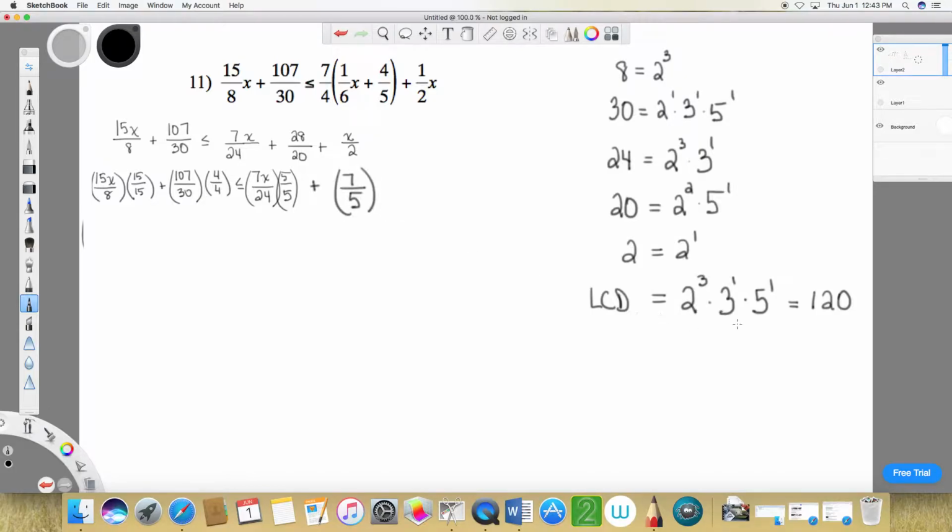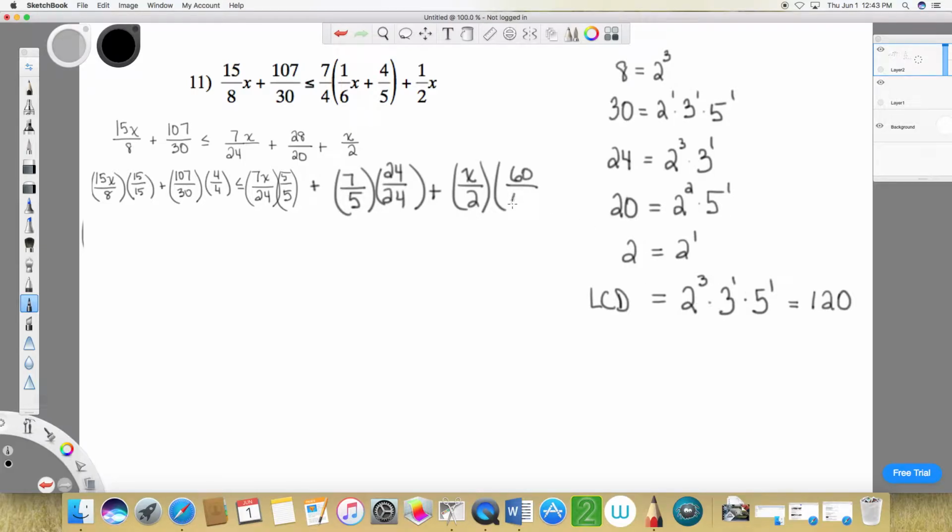And I know that 24 times 5 is 120. And then here, x over 2, 2 times 60 is 120.